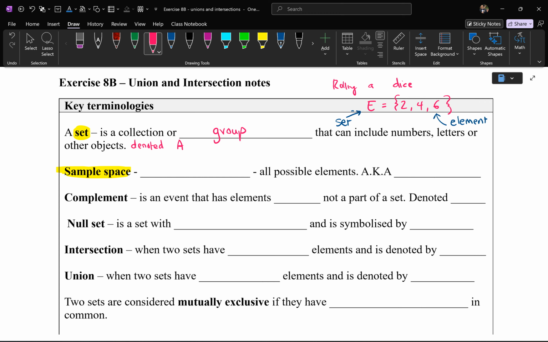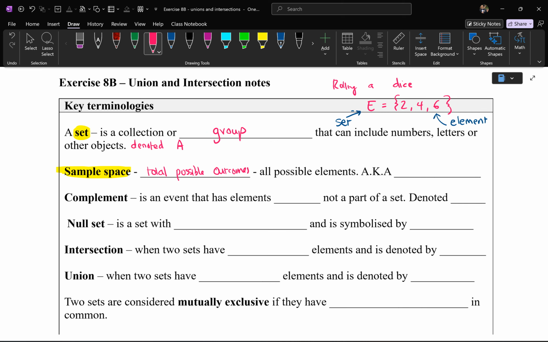Outcomes, but specifically, it's all the possible outcomes in this particular trial or event or experiment. Yeah, so sample space is the total possible outcomes. So in the case of rolling a dice, the sample space would be 1, 2, 3, 4, 5, 6.